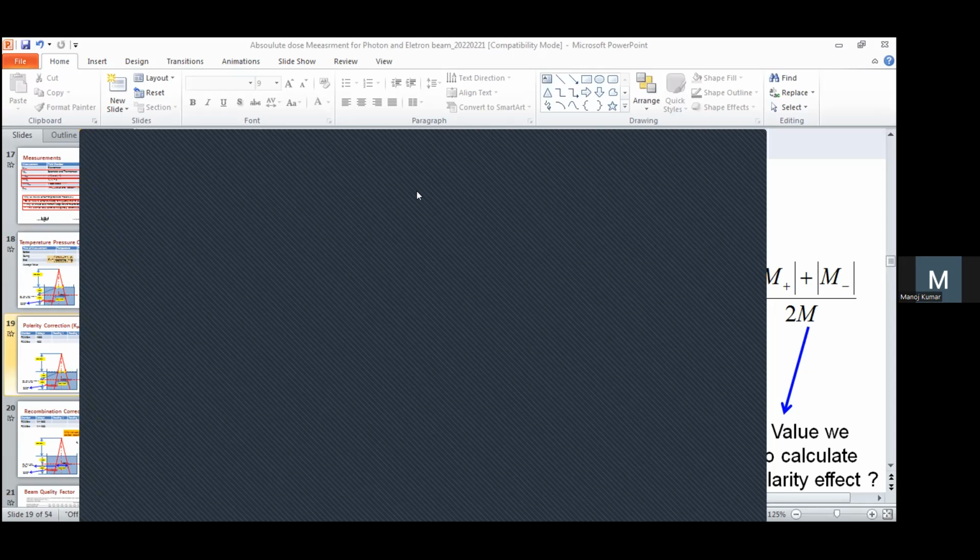Sir, we have a few more questions in the chat box. Yes, please go ahead. How are we going to measure grams per centimeter squared in clinical dosimetry? That is scientifically explaining things.